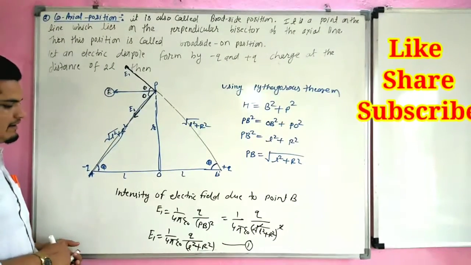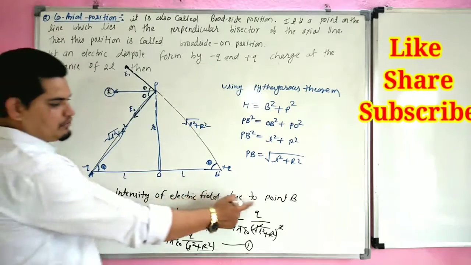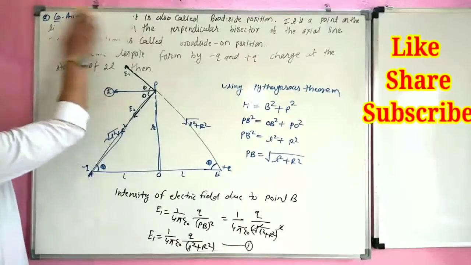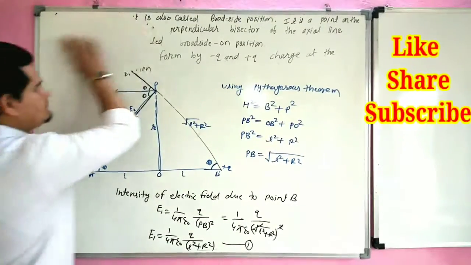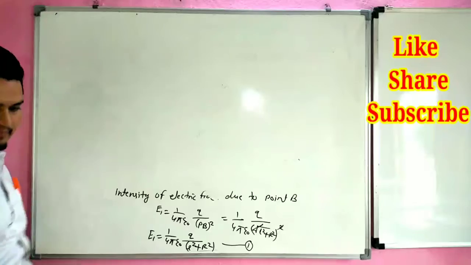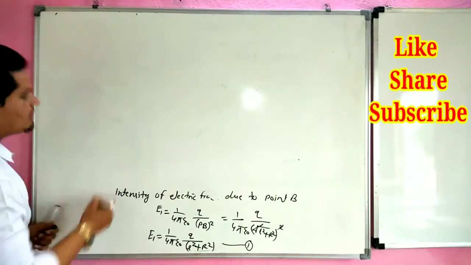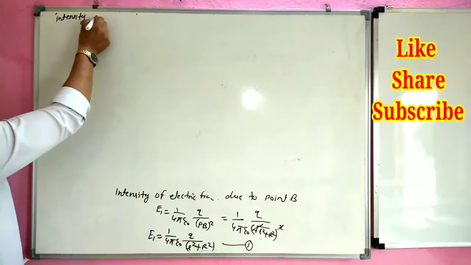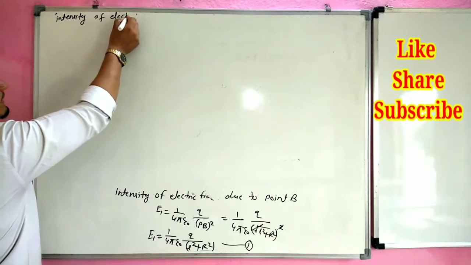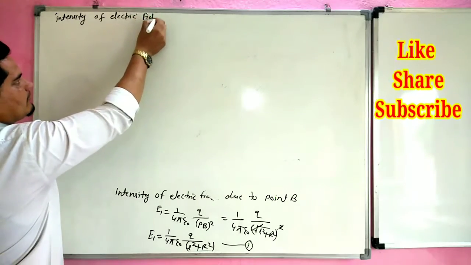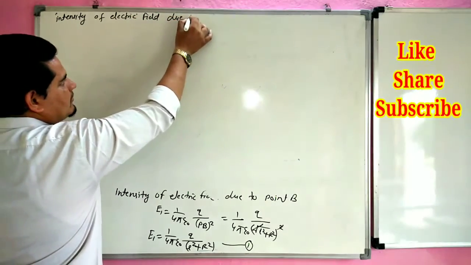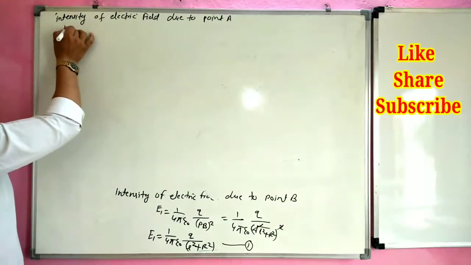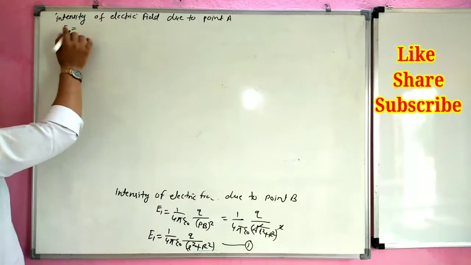Now we have to calculate intensity of electric field due to point A. We can represent it by E2.